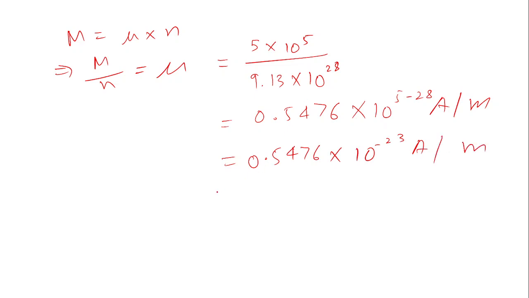And if I move this decimal point, it will be 5.476 times 10 to the power minus 24 ampere per meter.